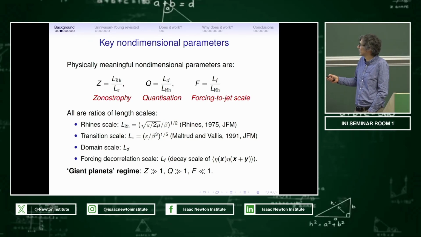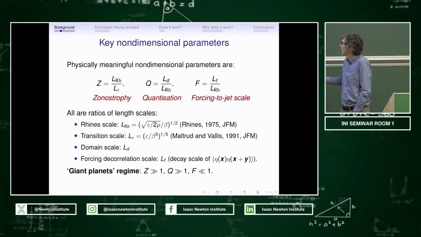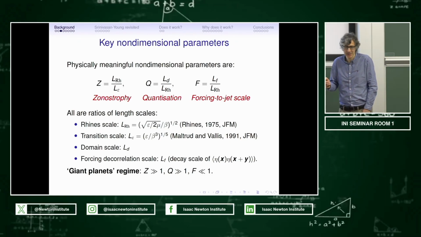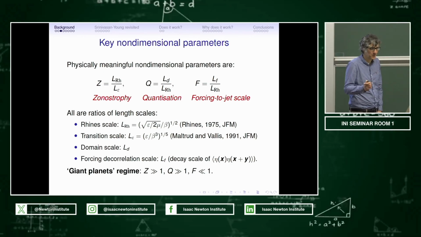One key length scale is called the Rhines scale, which is a typical root mean square velocity, formulated in terms of the energy injection and the friction, divided by the beta parameter square rooted, and that turns out to be the length scale on which jets form.